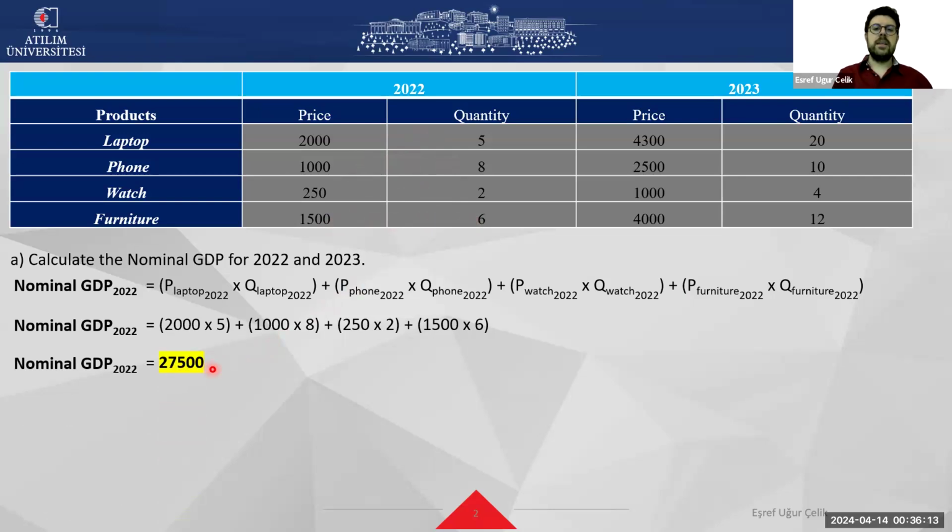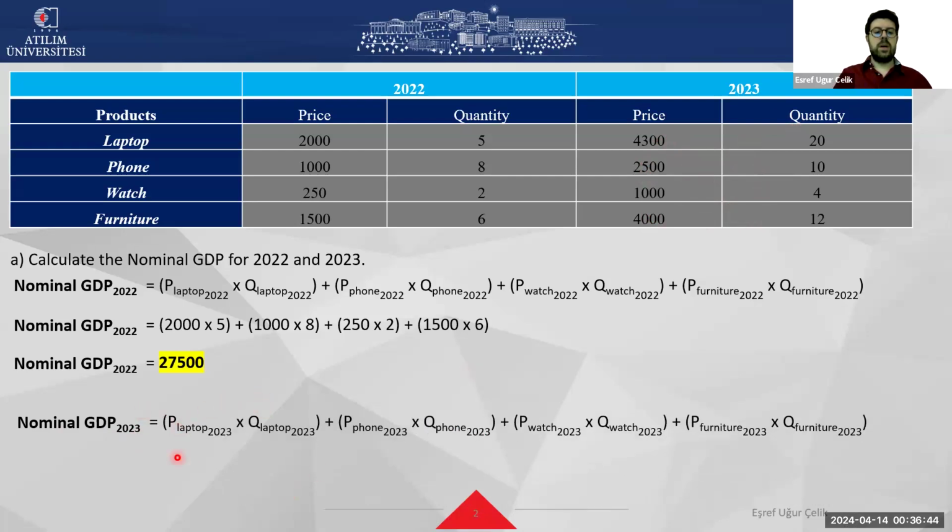Okay, the logic is easy. We take the year I ask you for the price, and for the quantities the same direction. What about the other year? This time I ask the year of 2023 for the nominal GDP. For price and quantity, for each good, we take the year of 2023. So it's like that. Okay? It's very easy.